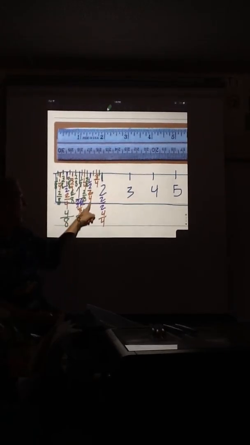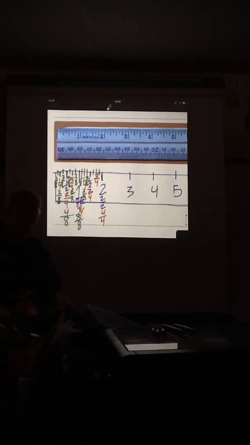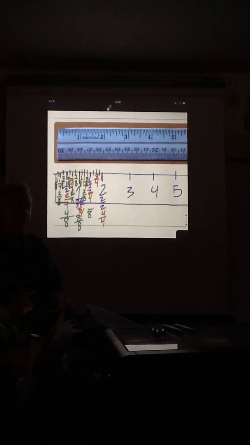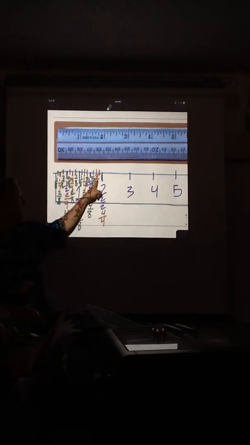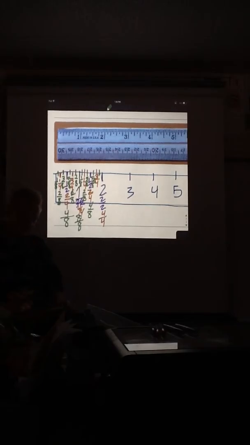Okay. And then the half, if we have an 8 down here, what's half of 8? 4. Right. 4/8. And the next green one will be 5/8. And then this one becomes 6/8.